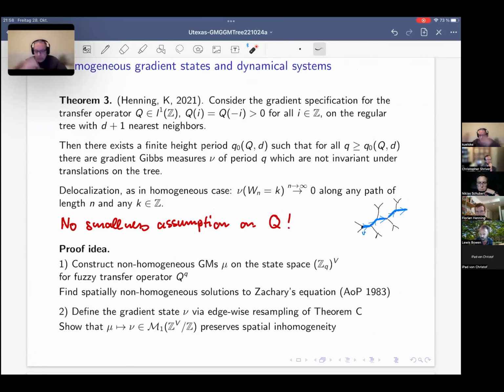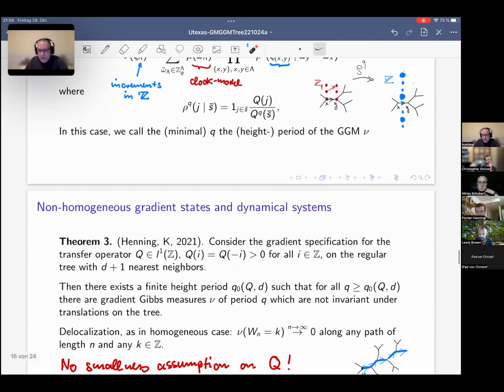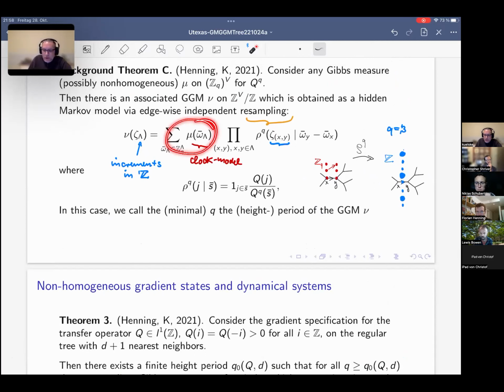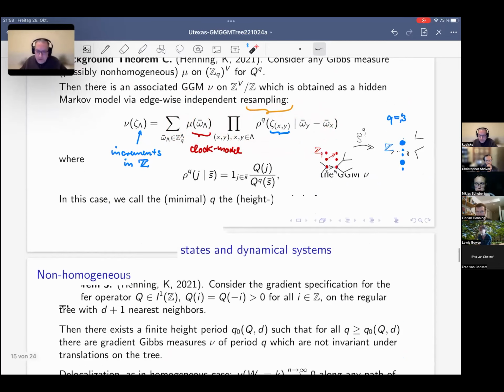So we cannot hope for computations or anything like this. And then if we have this, we put it into this machinery and get out some GGM. But we also have to prove that if this thing is not automorphism invariant, this is not by any miracle swallowed up and creating something which is again tree automorphism invariant. No, it keeps the non-translation invariance.